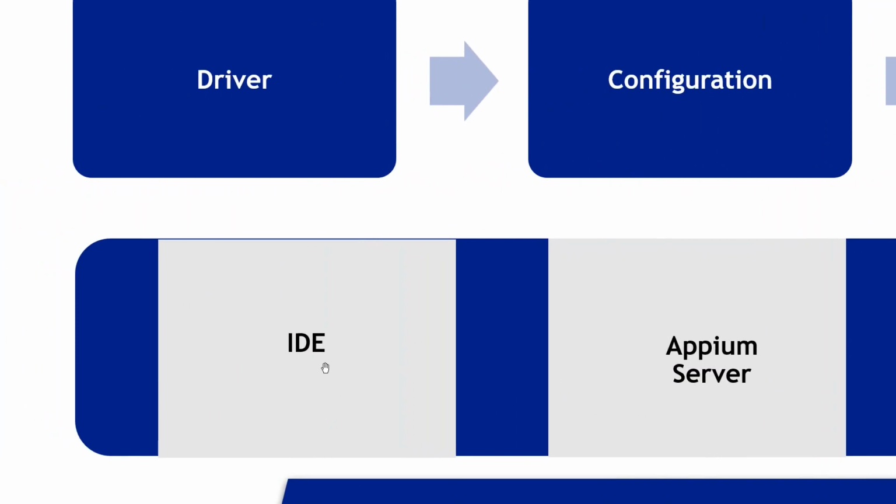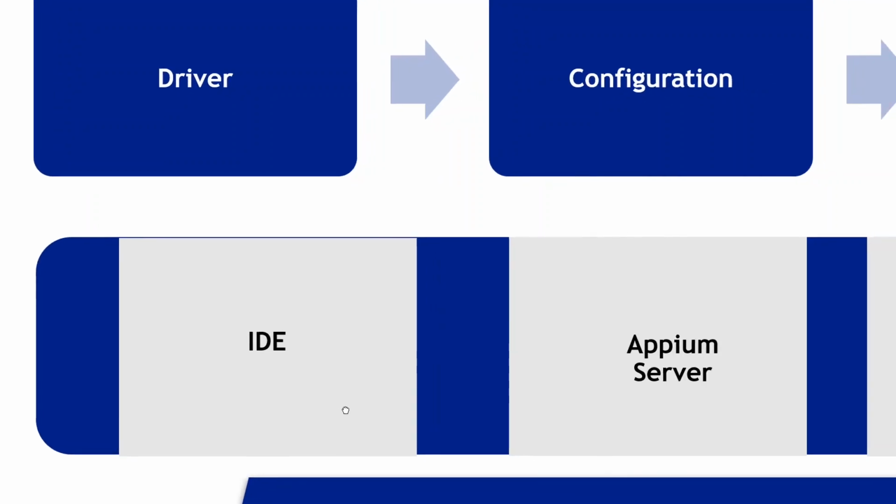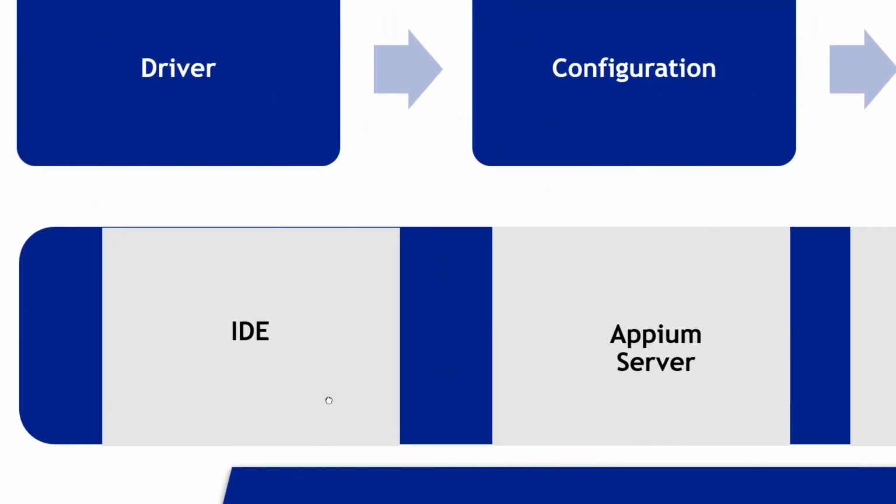And then the IDE. On the development side, the IDE is one of the major components that we need to take care of very cautiously. As of today, for Java projects, IntelliJ IDE is a very sophisticated and seamless IDE with a lot of features.